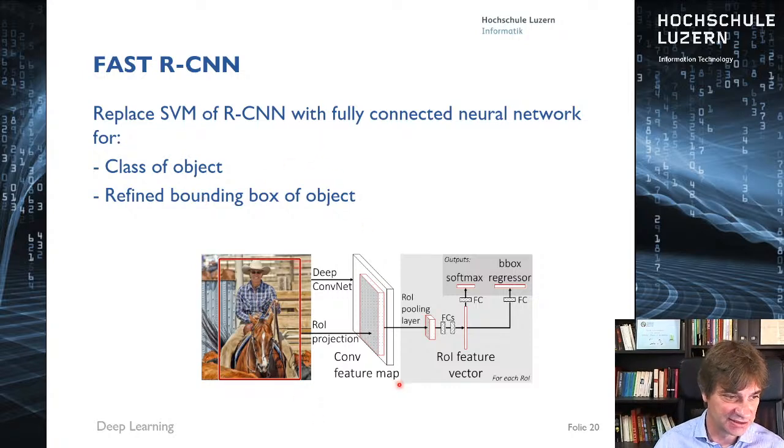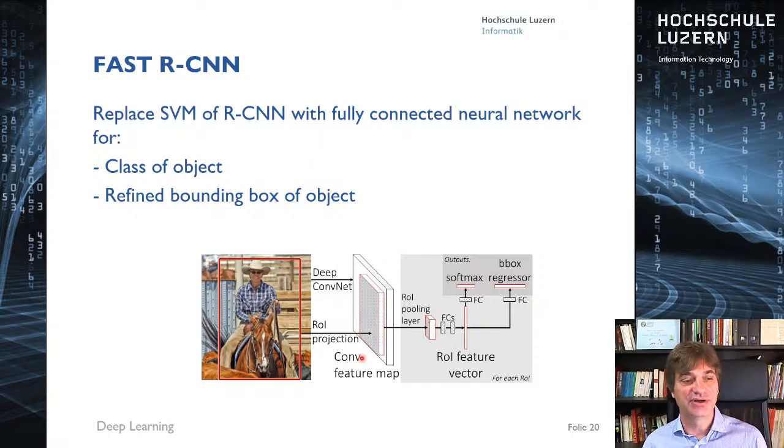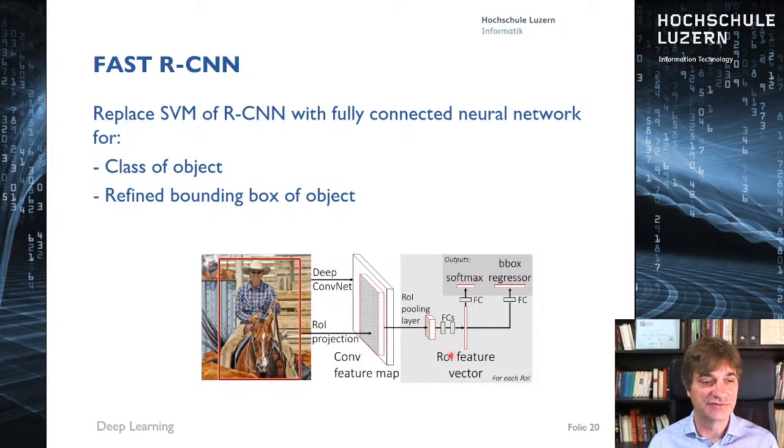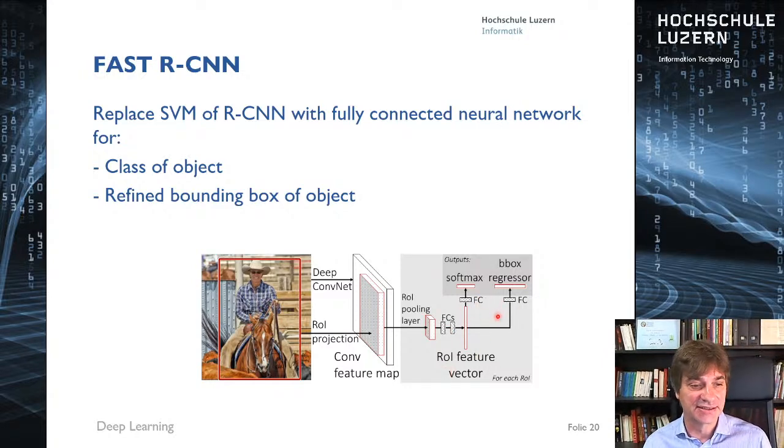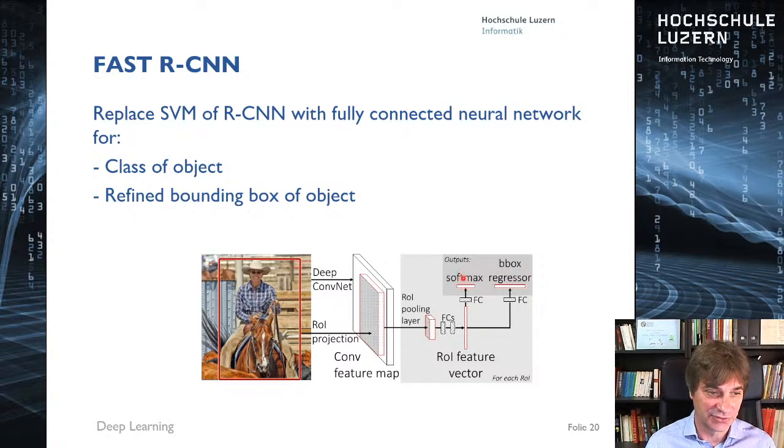So the start is still the same. You have your region of interest detector, then you have some convolutional layers to get your feature detector, and then you have some fully connected layers to train the classifier as a softmax or the bounding box as a regression here.